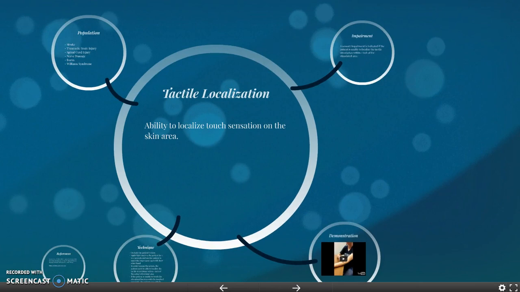Tactile localization can be described as the ability to localize touch sensation on the skin area. And functionally, tactile localization allows people to be able to feel clothing on their body and to identify and remove any irritating sensations they feel, such as an itch, or if a fly lands on their skin and starts to crawl around, they can swat it away.